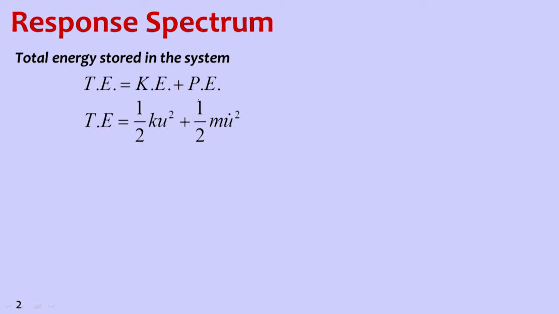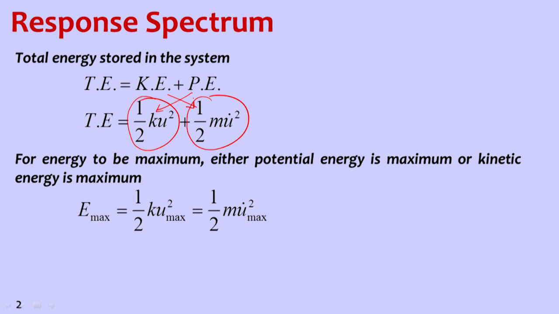If we look at the total stored energy in the system, that is equal to kinetic energy plus potential energy. Kinetic energy is measured as half m u dot square, and potential energy is half k u square. So this is potential energy and this is kinetic energy. For energy to be maximum, either potential energy is maximum or kinetic energy is maximum.